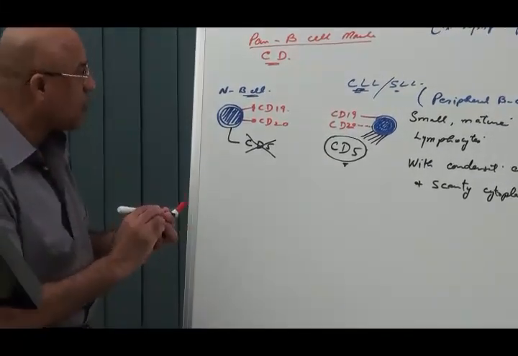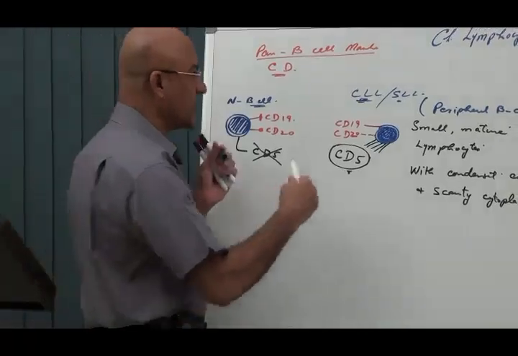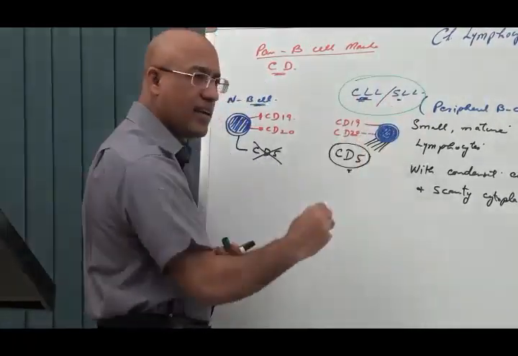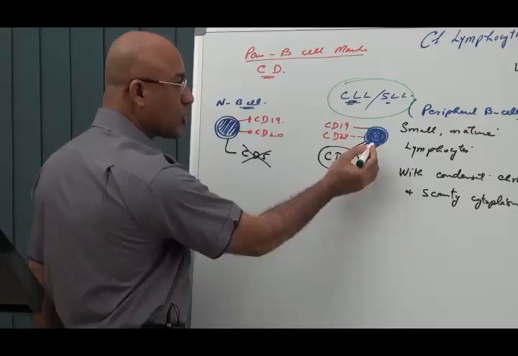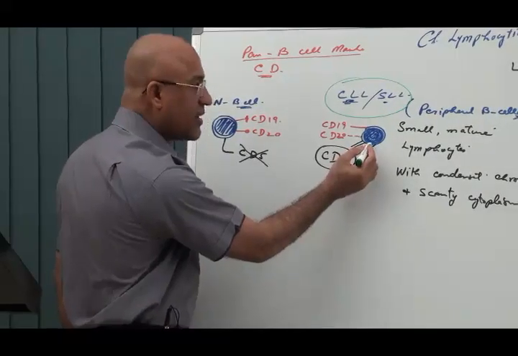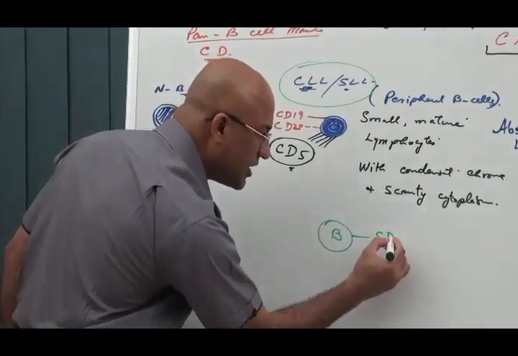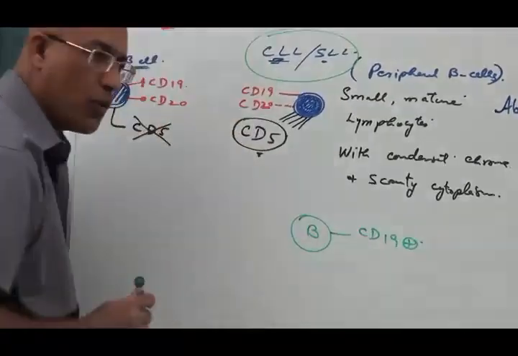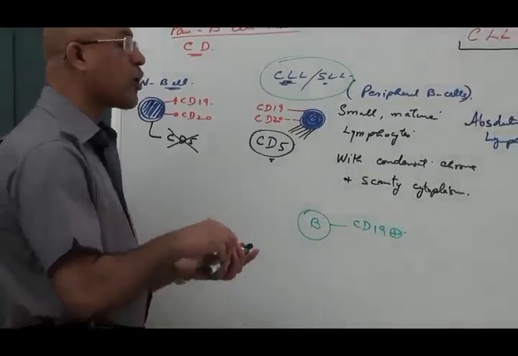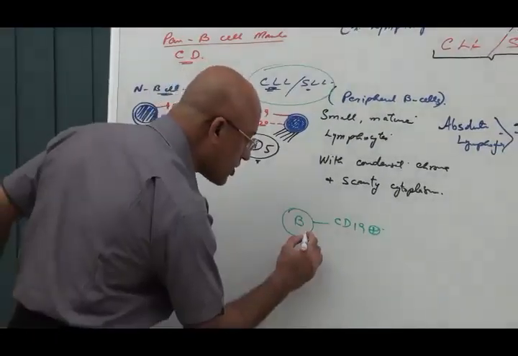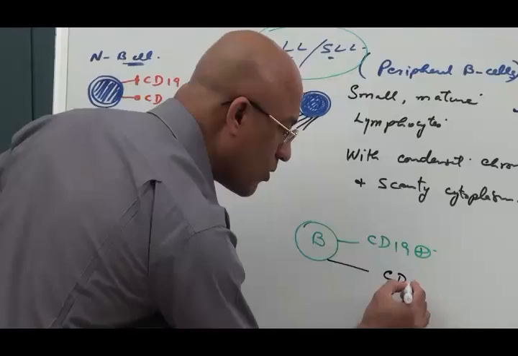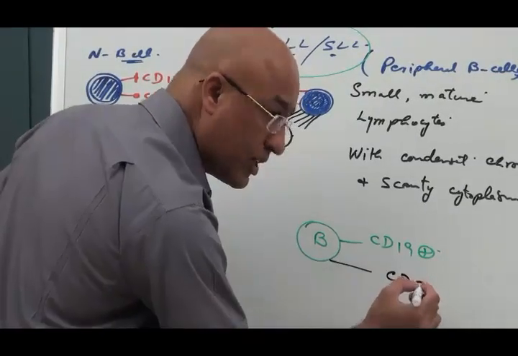So classically, for the diagnosis of CLL and SLL, what should be the number one thing? That cell should be a B cell. To prove B cell, it should be CD19 positive. With that, there should be co-expression of CD5.